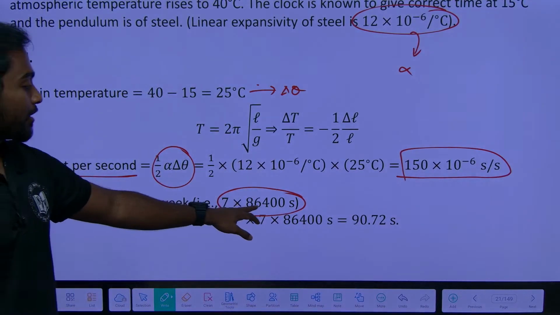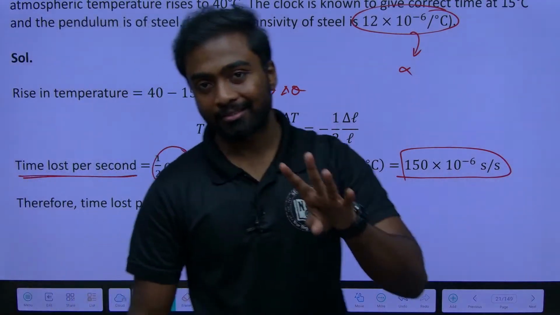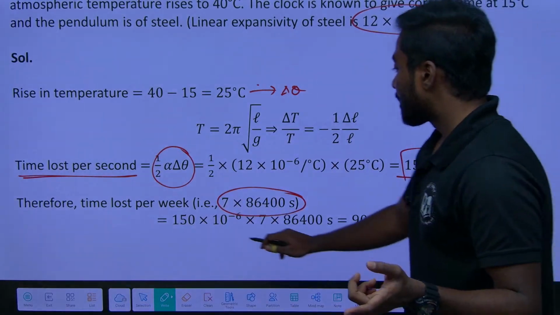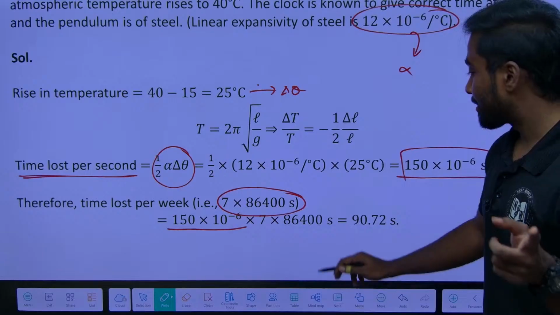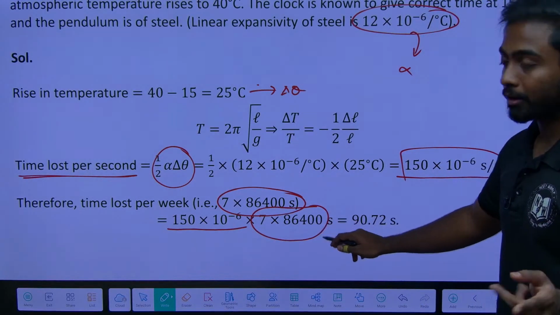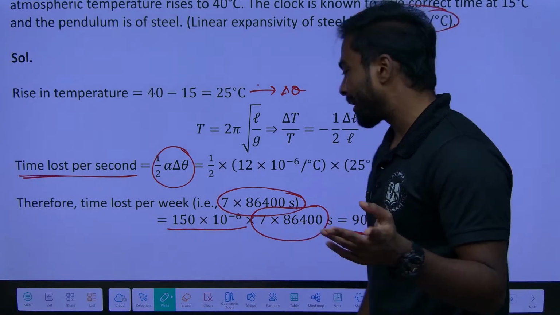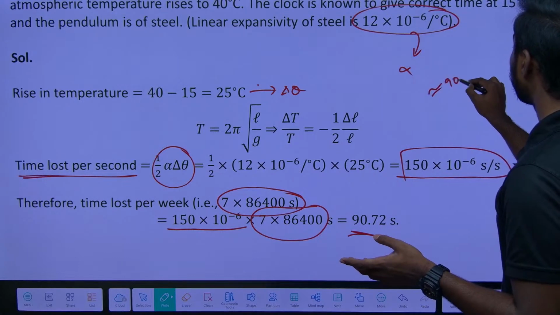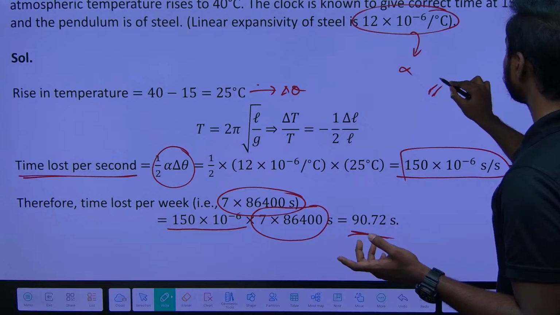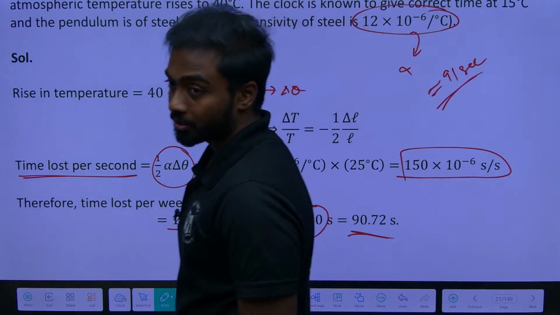Per day there are 86,400 seconds, into 7 days. So we get 150 into 10 power minus 6 times 7 into 86,400, which is around 90.72. You will get around 90 or 91, both okay. 91 seconds is the answer of this question.